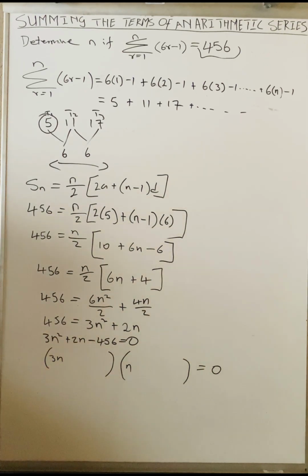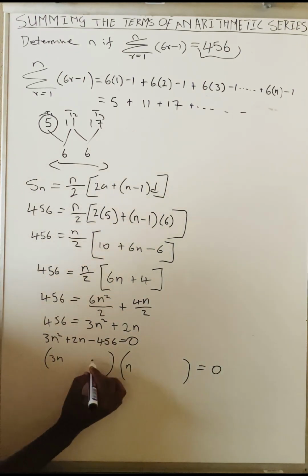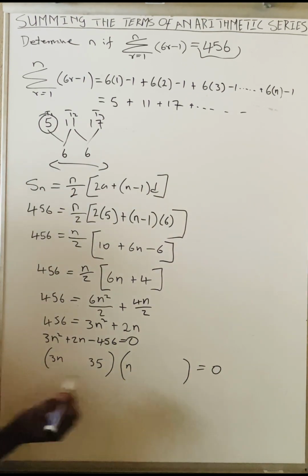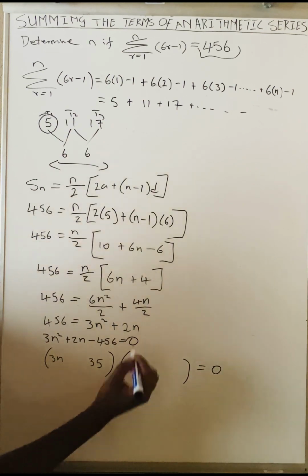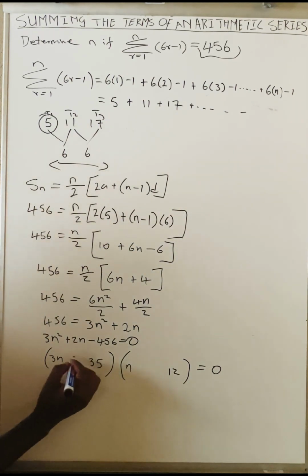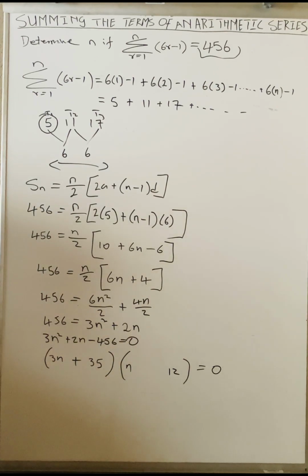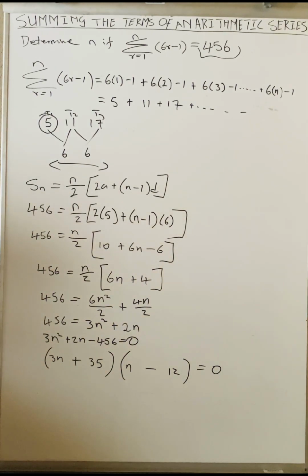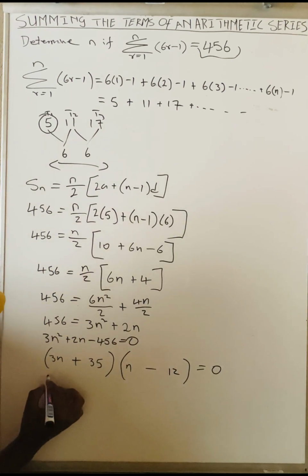Then your factors will be 38 on this side and 12 on this side, where this one takes the positive sign and this one takes the negative sign.